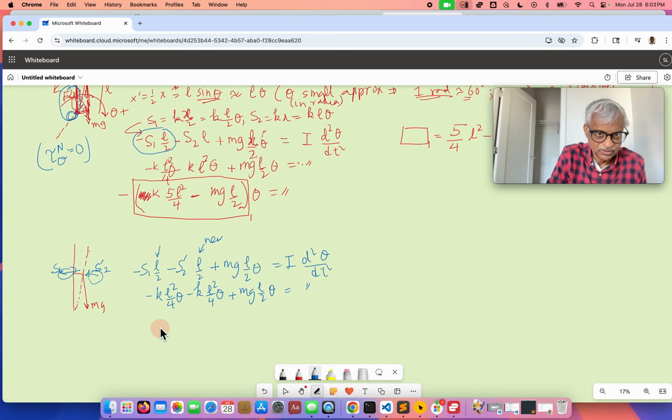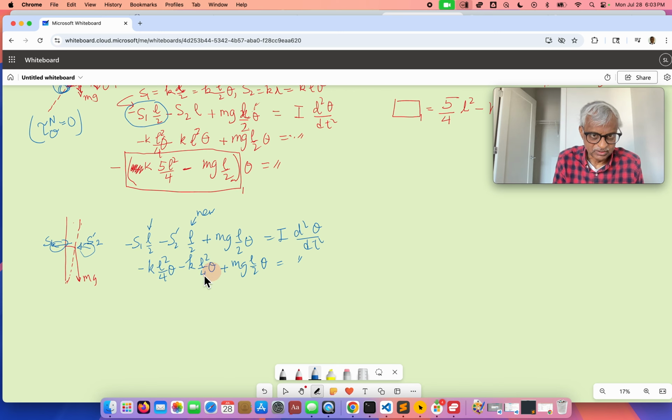So putting this, this thing is minus k L square over 2, these two add up, or again minus because I pulled the minus out front, minus mg L over 2 because same thing. So this is my box 2.